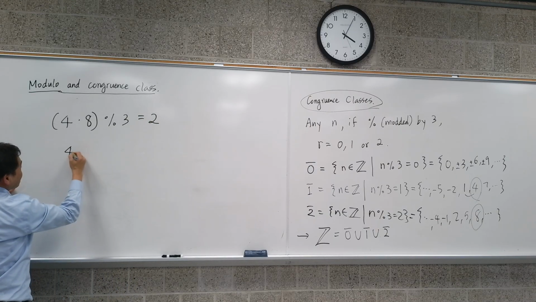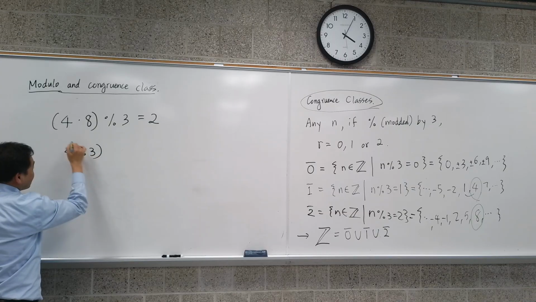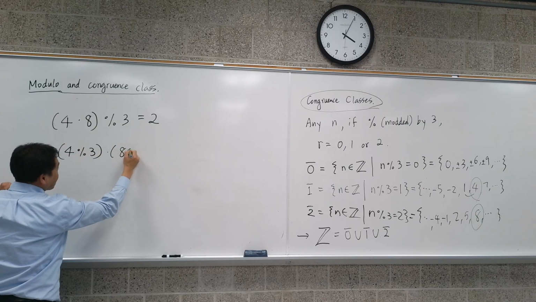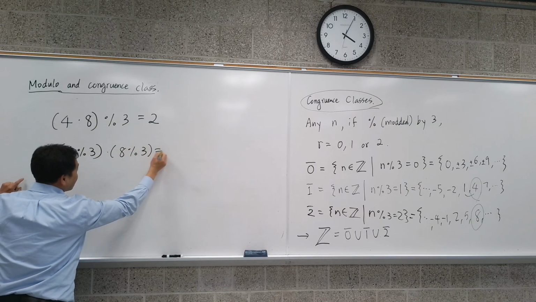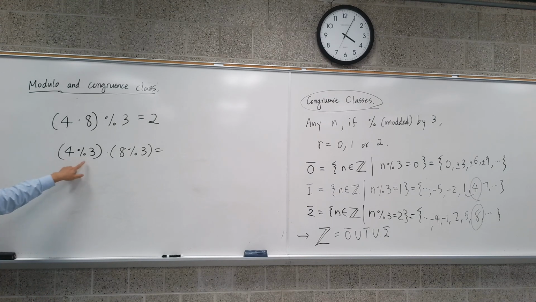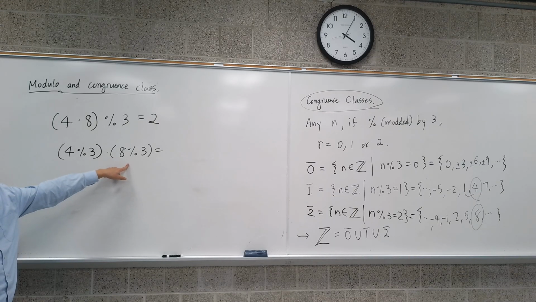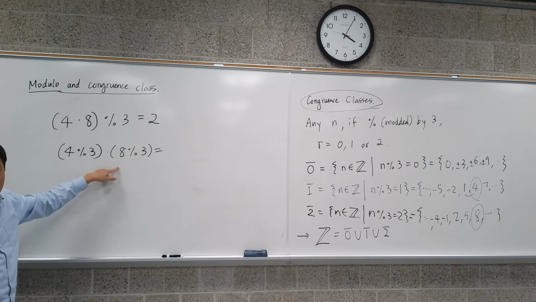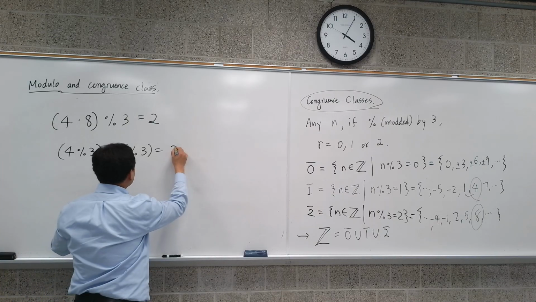But look, what's 4 mod 3 times 8 mod 3? This has remainder, what's the remainder? 1. This has remainder 2. What's 1 times 2? 2.